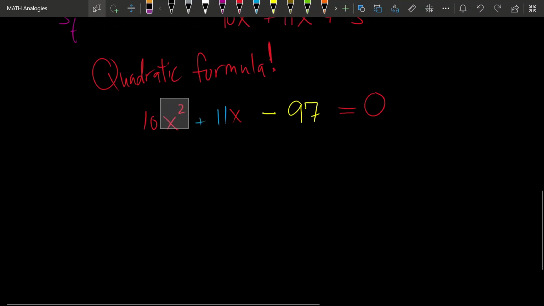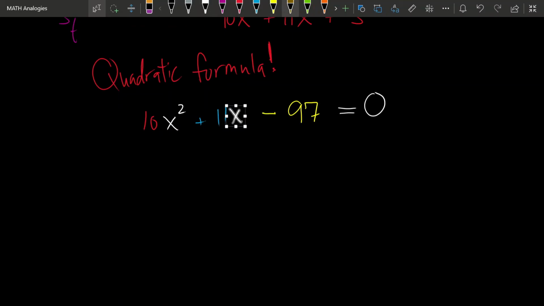And let's make the x squareds maybe just a white, and the x white. Alright, what does the quadratic formula say? Well, actually I think I want the x to be color coded too. Let's do green.